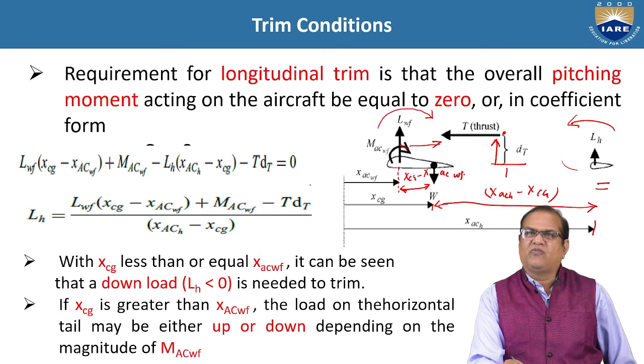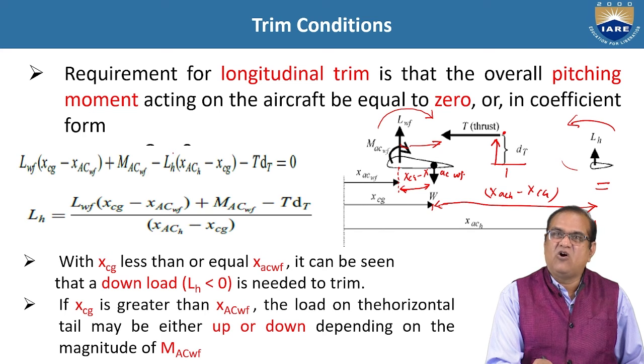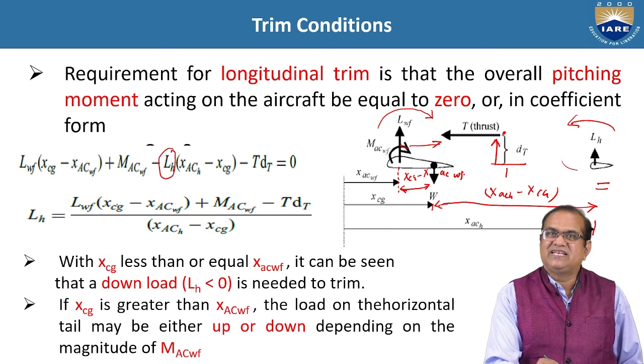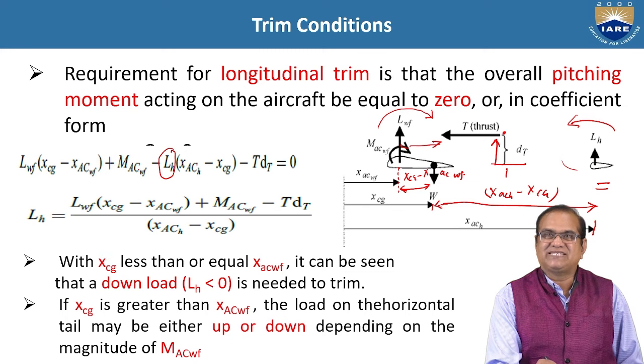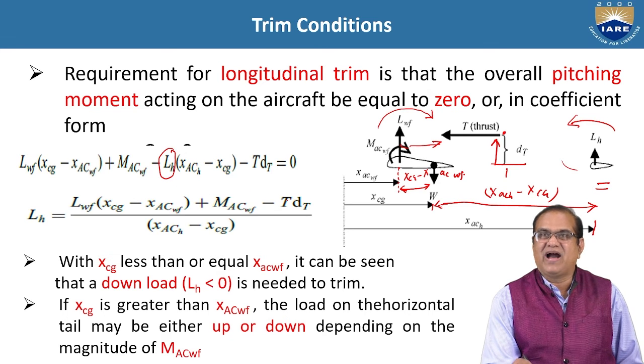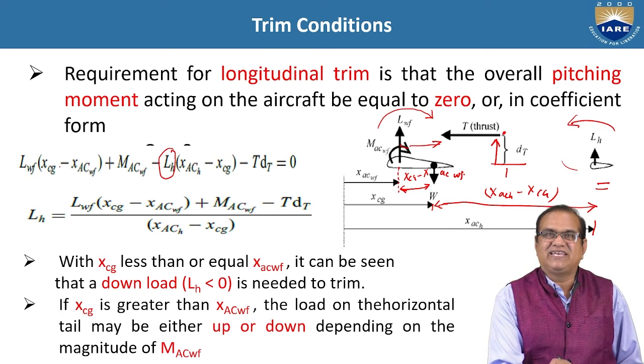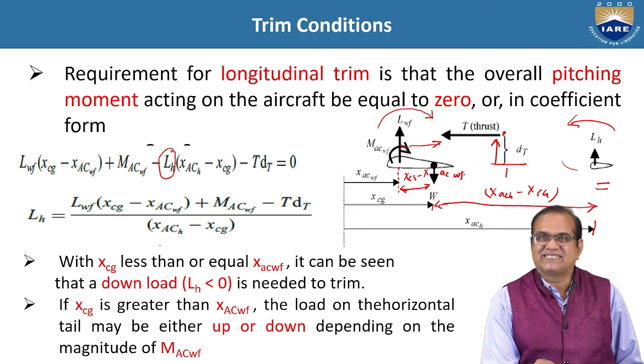So now we have to find LH. How much lift is required from the tail? LH is equal to LW into XCG minus XACW plus MACW minus T dt, divided by XACH minus XCG.